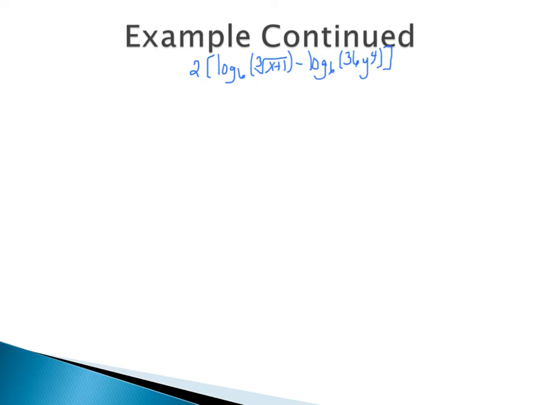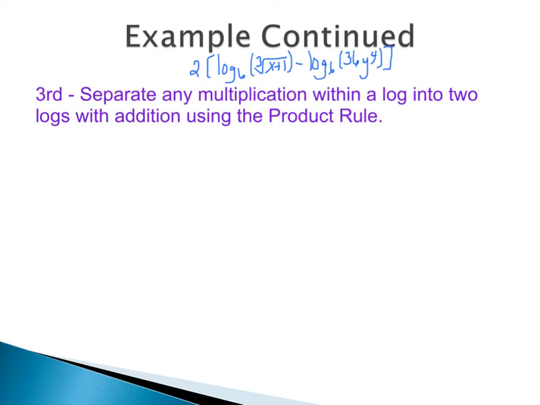Our third step is to separate any multiplication using our product rule. Right now we have two separate logs. Our first log is log base 6 of the cube root of x plus 1. Inside that log, I don't see any multiplication, so we don't need the product rule on it.